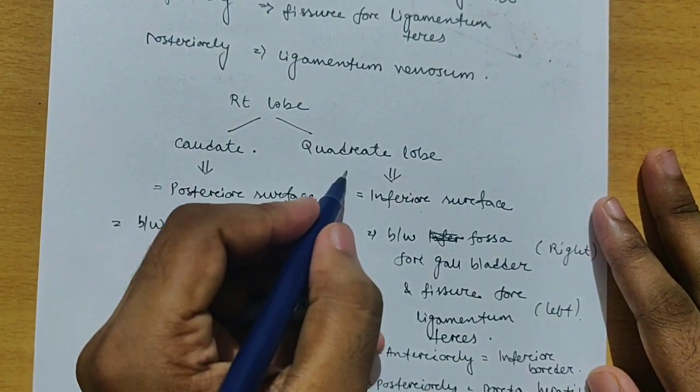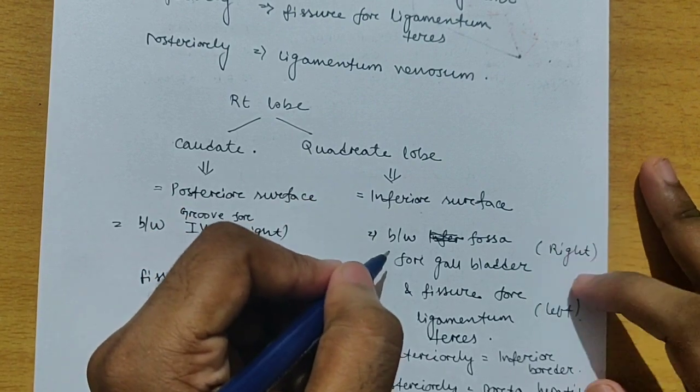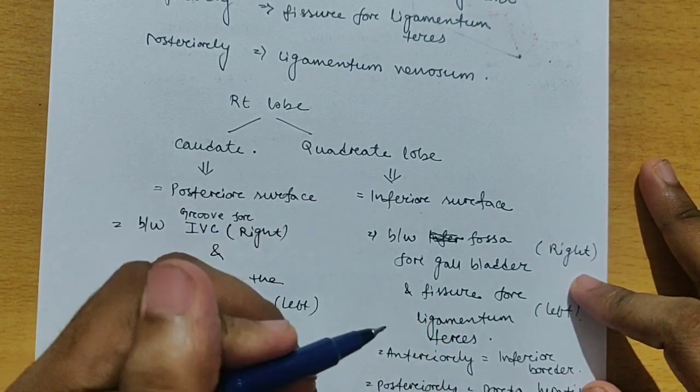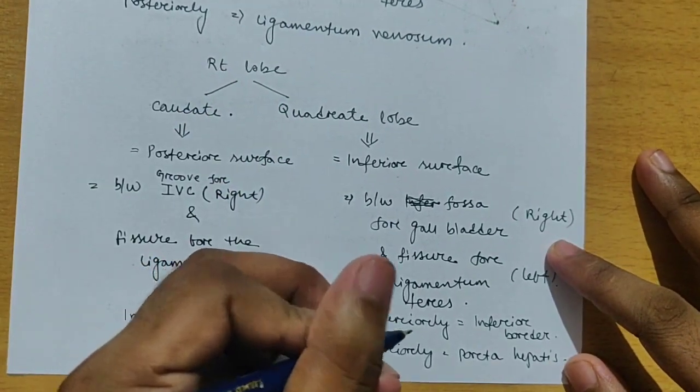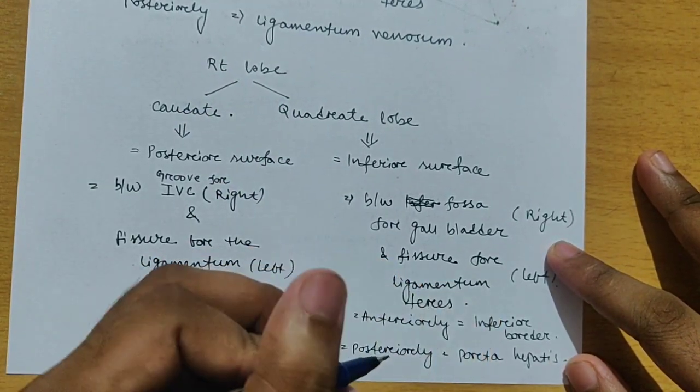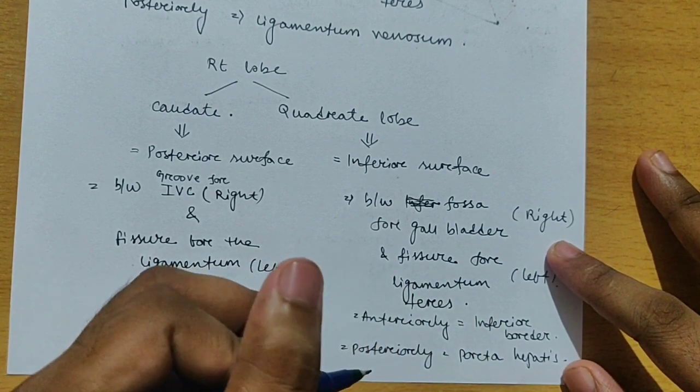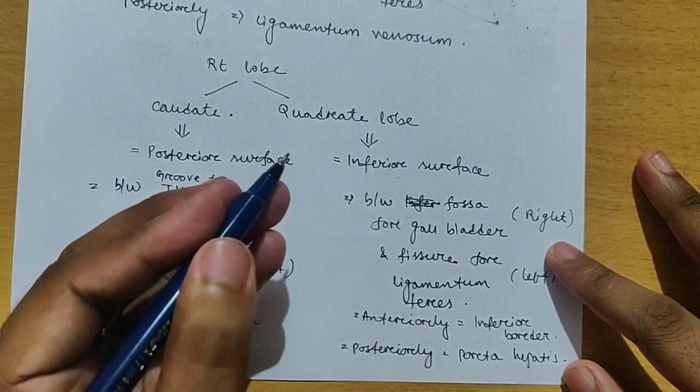And the quadrate lobe is present between the fossa for gallbladder in the right and the fissure for ligamentum teres in the left, and anteriorly the inferior border of the liver is present, and the porta hepatis is present posterior to the quadrate lobe.